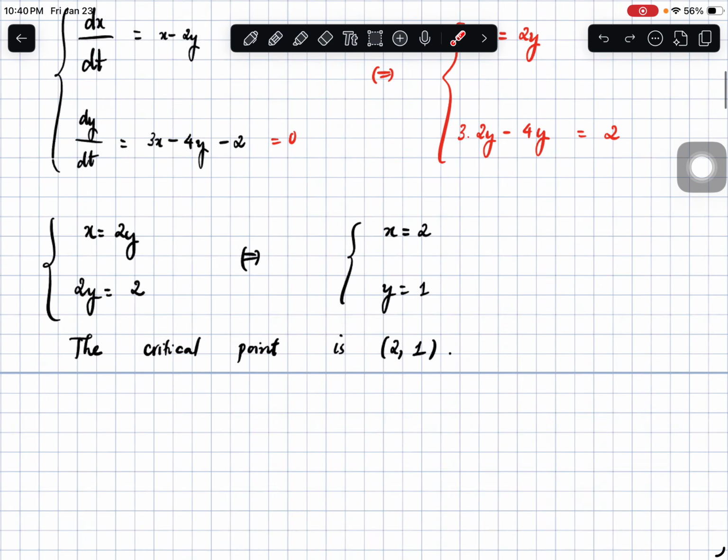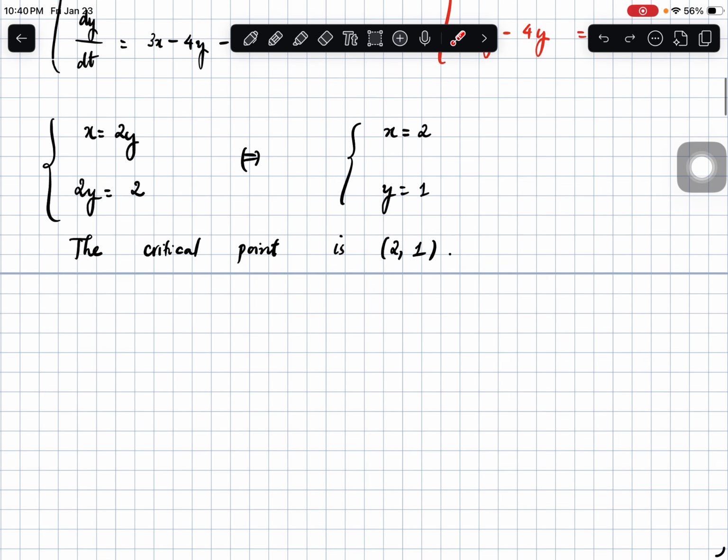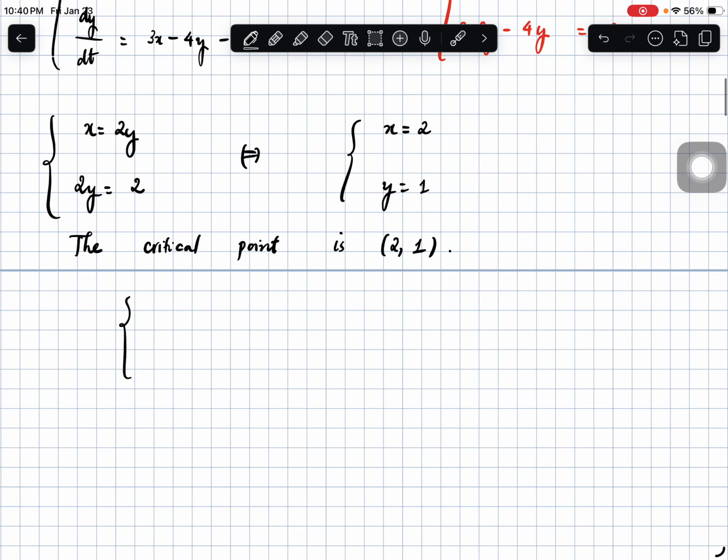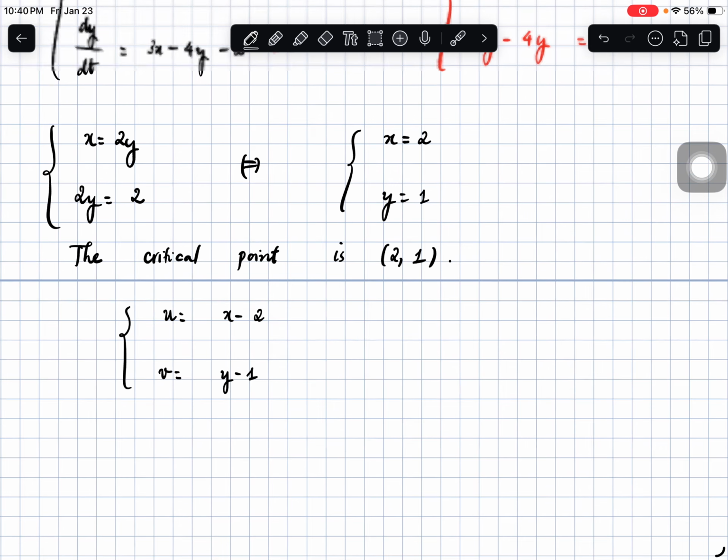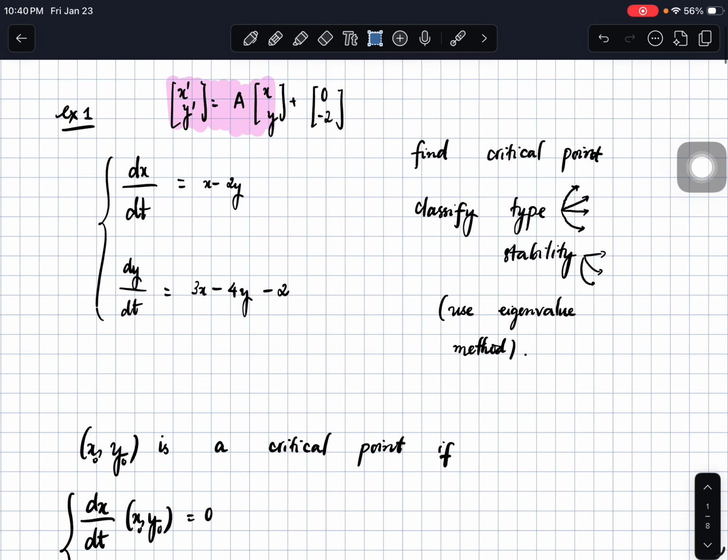Now we change the variable to bring that original system to a linear system. The change of variable we have is u equal to x minus 2 and v equal to y minus 1. Now we just need to write down this system in terms of u and v.